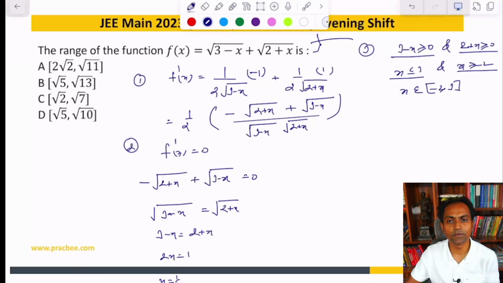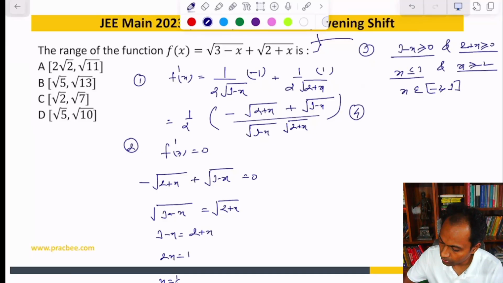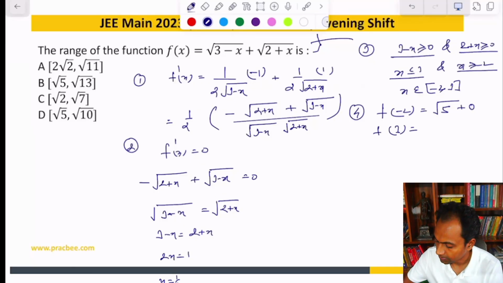So now, since we know this, for finding global maxima, global minima, all we need to do is find the value of the function at minus 2. If I put minus 2, this becomes root of 5 plus 0. If I check the value at 3, it will become 0 plus root 5.